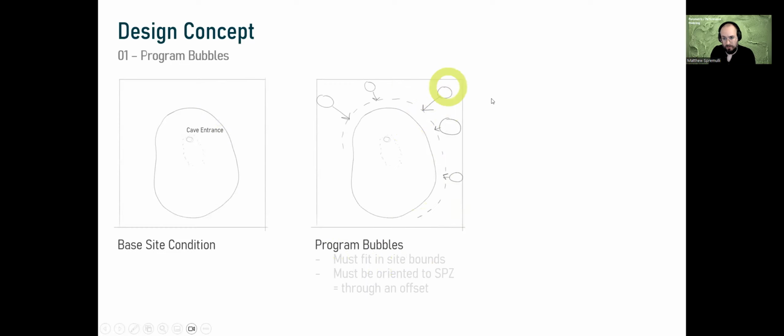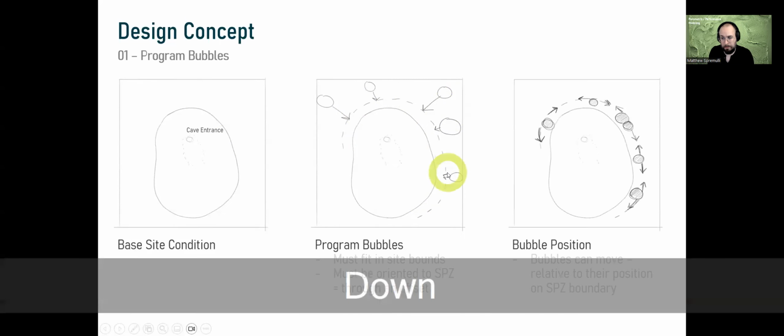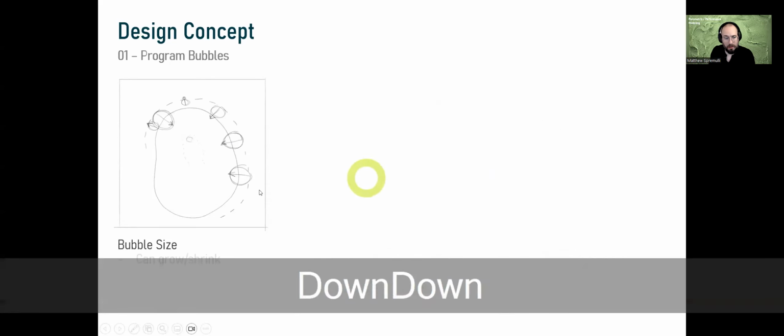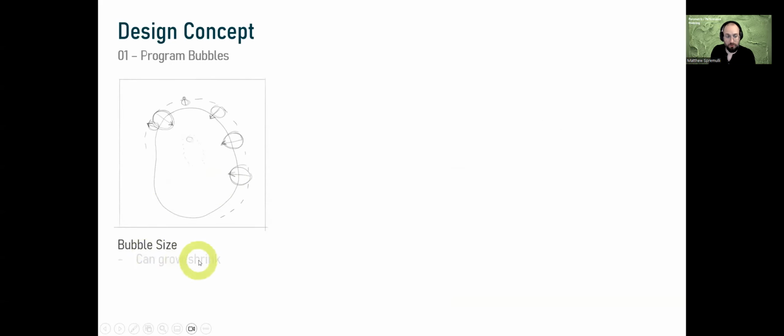It can't obviously step outside. We wanted it to be oriented to the SPZ. We wanted to intentionally create bubbles that followed this because we thought it was an interesting constraint and we thought we would play with it. And we wanted the bubbles to move relative to their position around that special protection zone. So they could move, and we wanted the bubbles to grow and to shrink.